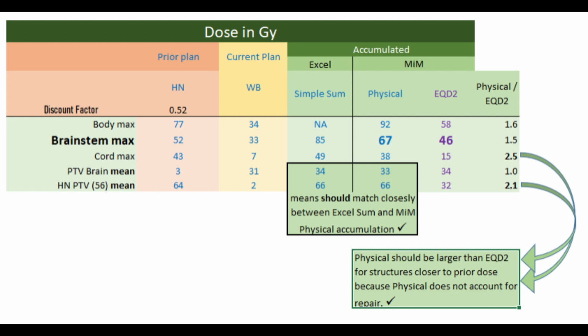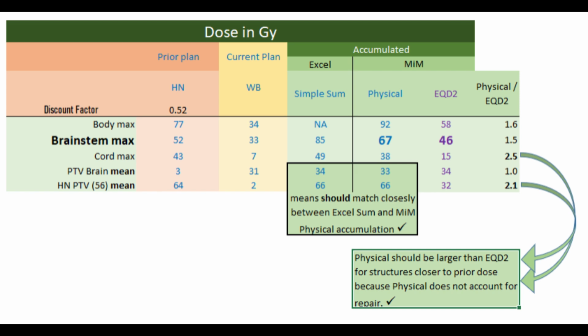Now, this is another example of the type of table we've been talking about, but from an earlier version of my code. It shows that you can also apply more of these inequality type sanity checks, comparing MIM's EQD2 dose accumulation to MIM's physical dose accumulation, depending on the geography of where the prior dose lands relative to current dose.